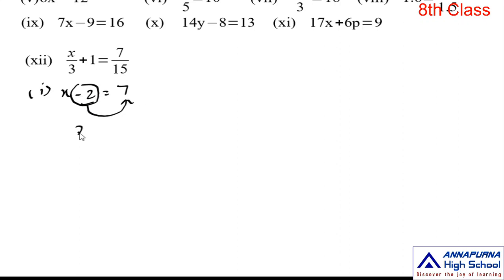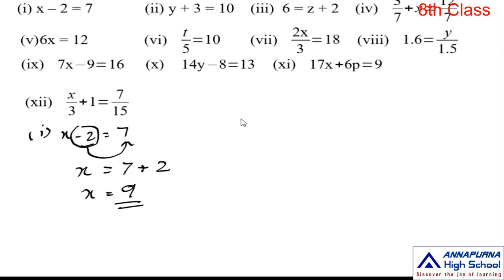We have only one term, that is x, is equal to, and on the right side we already have the constant term 7, and we add one more term: minus 2 transposed to the right side becomes plus 2. So x is equal to 7 plus 2, which is equal to 9. This is the solution of the first equation.